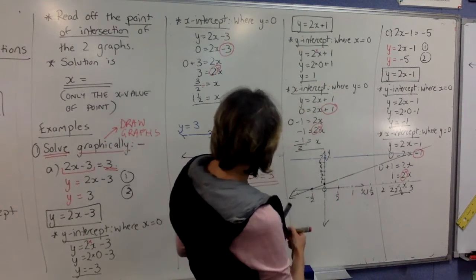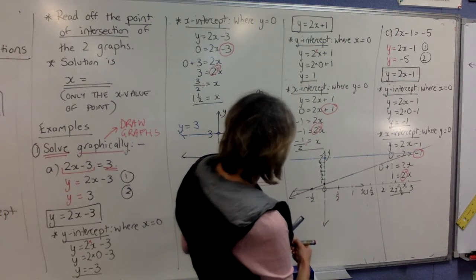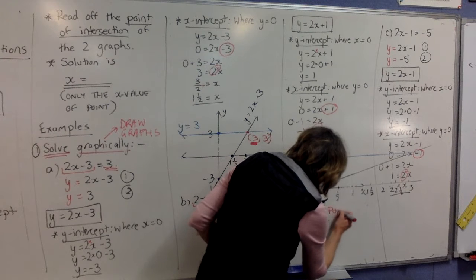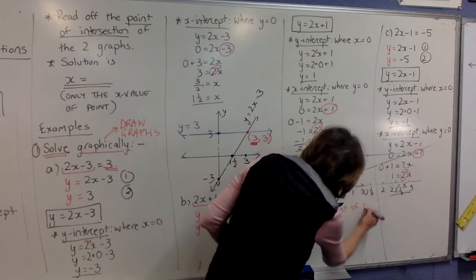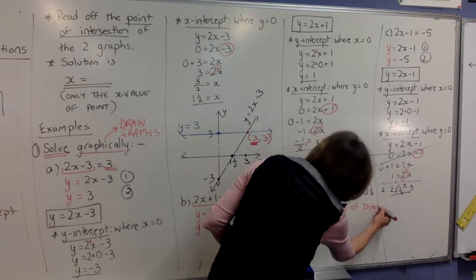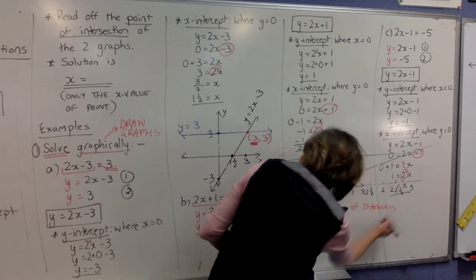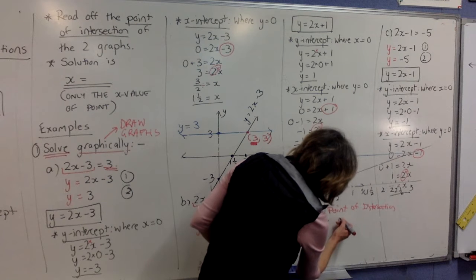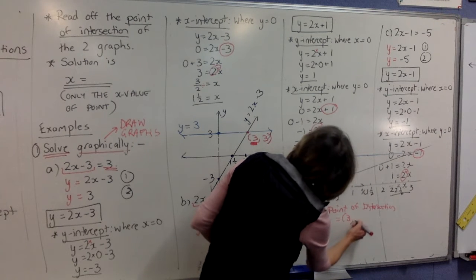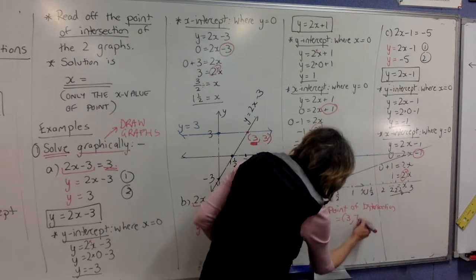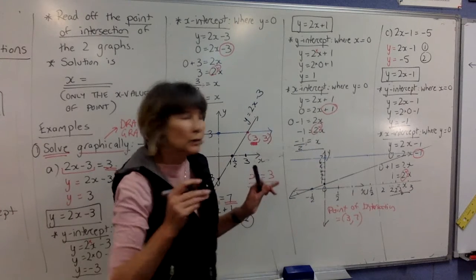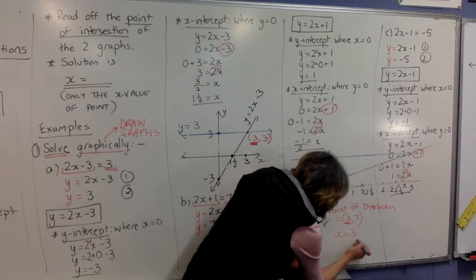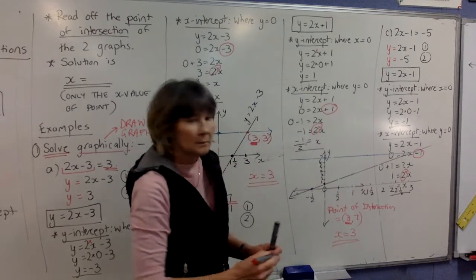All right, so I think my answer, if we really have a look at that and try and read off the point of intersection, I'll write it down over here. It will be 3, 7. Now remember, we only need the x value. So x = 3 will be my answer.